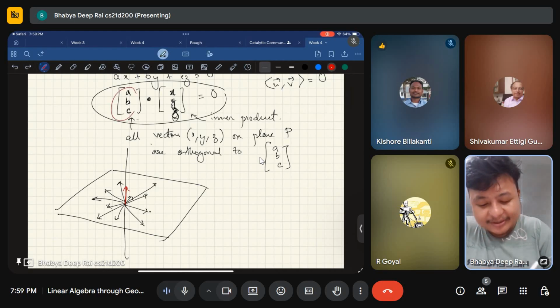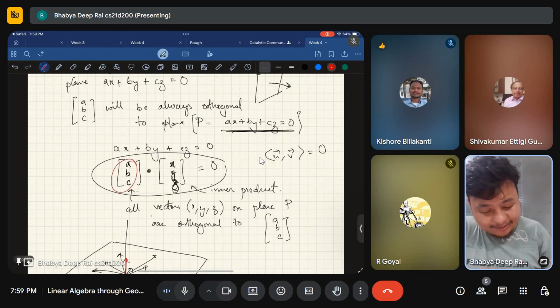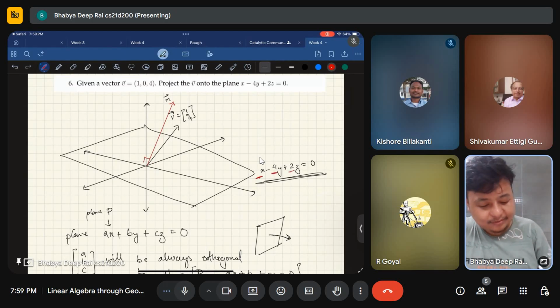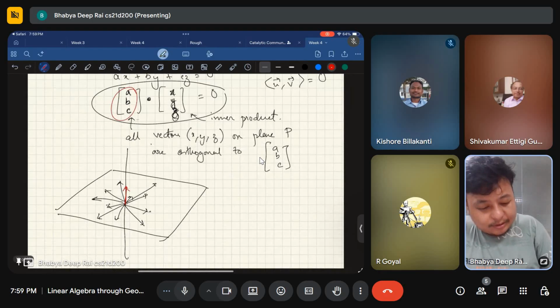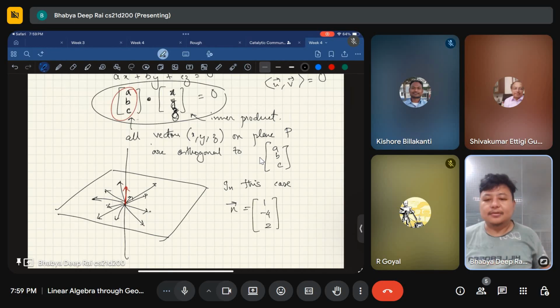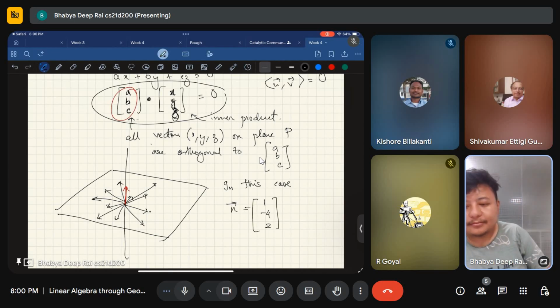You get it? So that is your (a, b, c). In this case, what is my (a, b, c)? It is 1, -4 and 2. So in this case, n is (1, -4, 2). This represents the perpendicular to the plane.